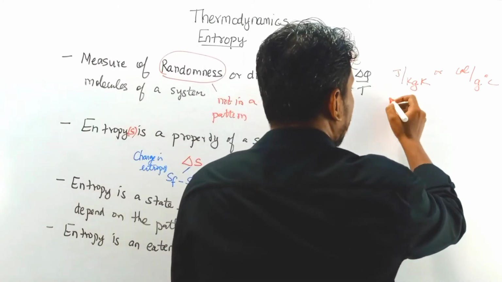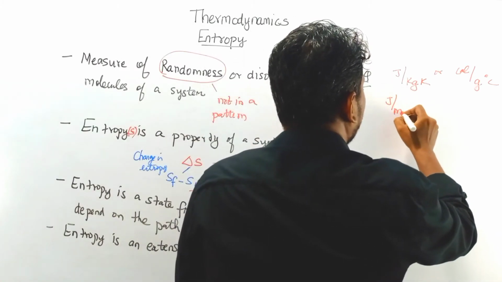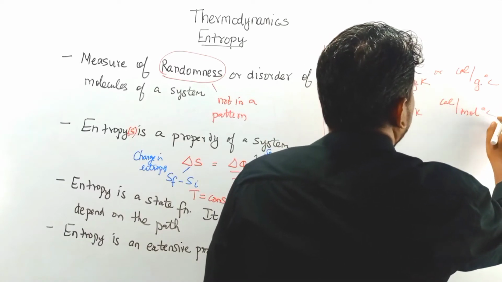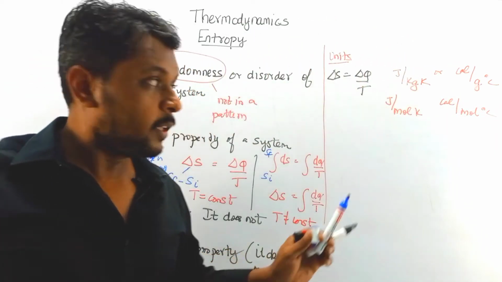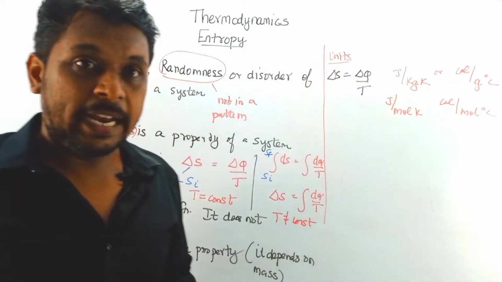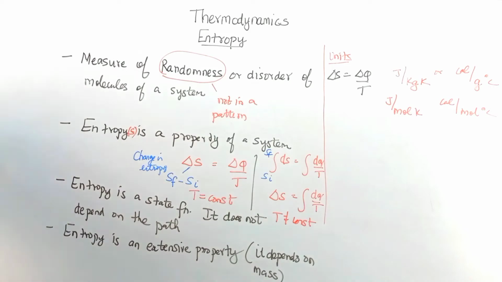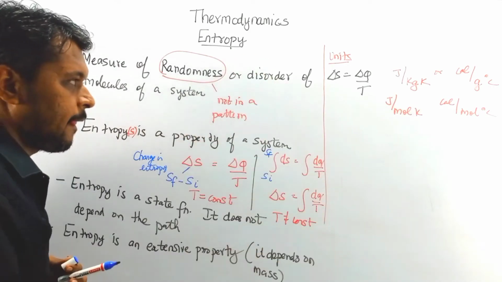In terms of mole, it could be written as joules per mole Kelvin or calories per mole degree Celsius. So these are the units of your entropy. Okay. So please make a note of it.